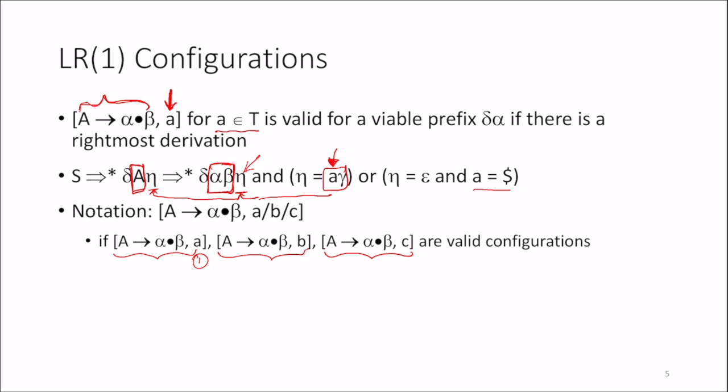So this one has a lookahead A, 2 has a lookahead B, 3 has a lookahead C, then instead of writing it out 3 different times, this part being the same, which is sometimes called the kernel because it's the part of the dotted rule without the lookahead, we can collect all of the lookaheads together and say that the lookahead is A or B or C, right? This is just a shorthand to avoid writing the same kernel dotted rule over and over again.